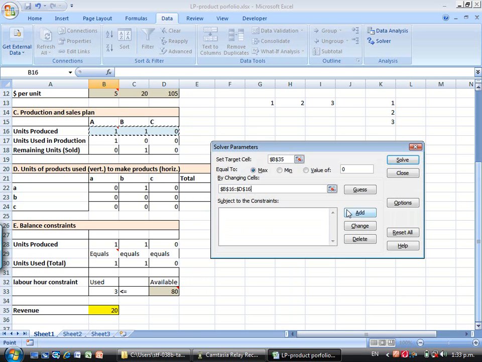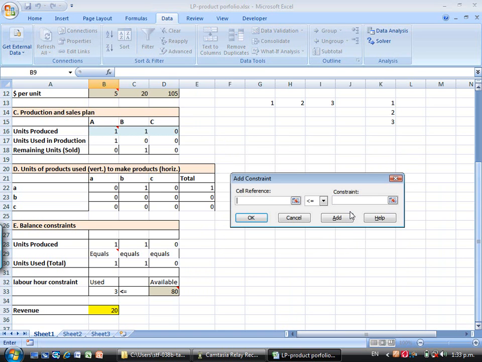Now there's going to be several constraints. I think pretty obviously the units produced should probably be an integer. We don't want to produce half a pair of jandals. That's no good to anyone.